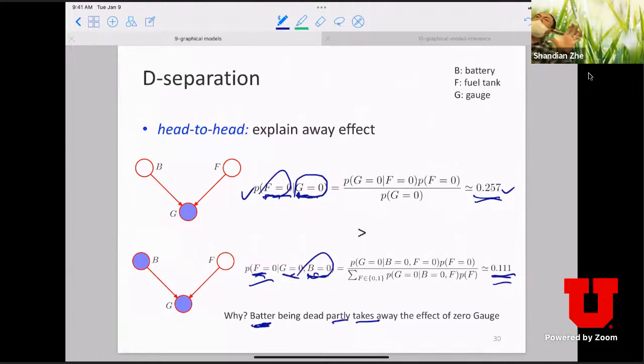This fact takes part of the explanation for why your gauge reading is 0. So when you compute the probability that your tank is empty, it's now reduced because its explanation is partly taken away by the battery being dead. Does it make sense?